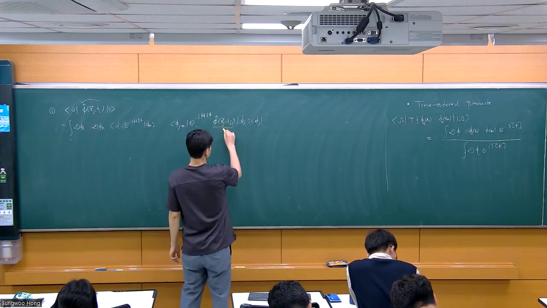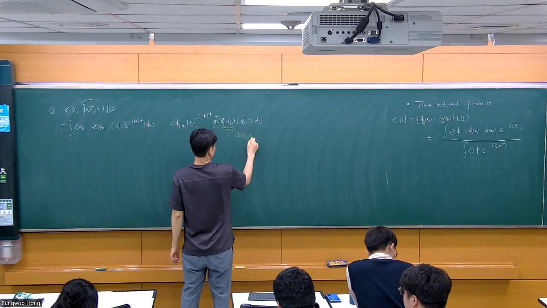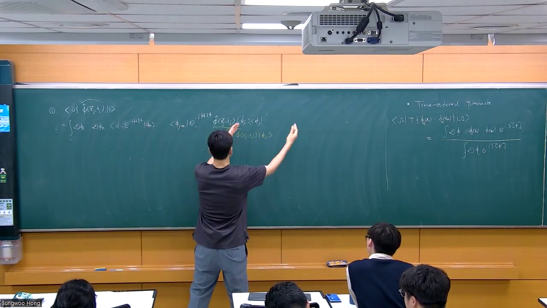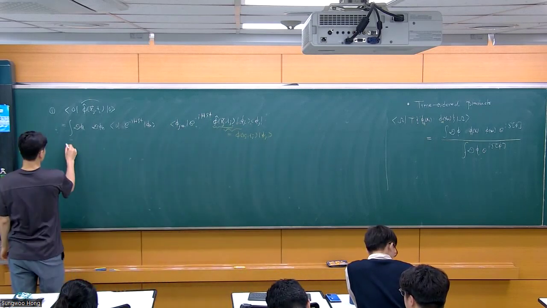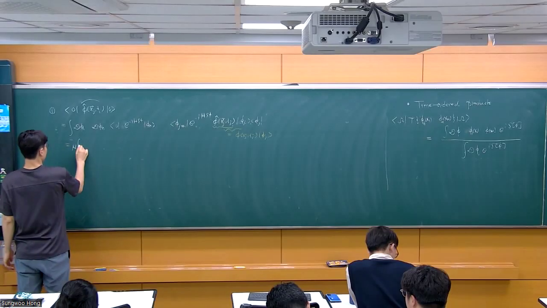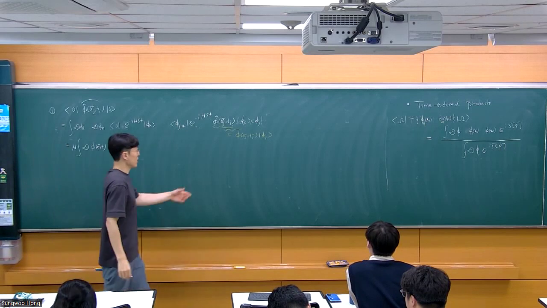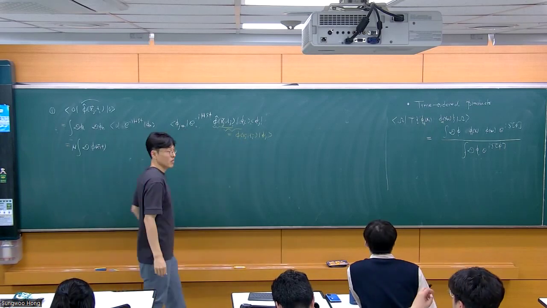Since this is an operator and this just gives you a function, this will come out of the integration, and the rest is completely the same. So if you follow the same steps, you will eventually arrive at a path integral where everything is the same, except that there's one extra classical function inserted.